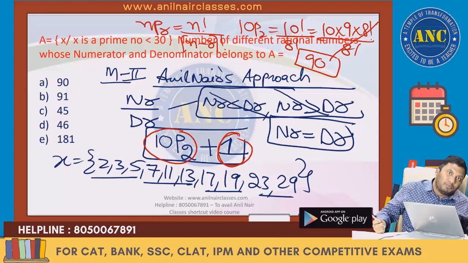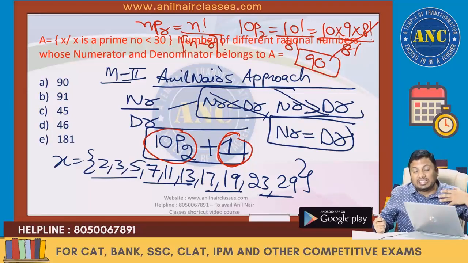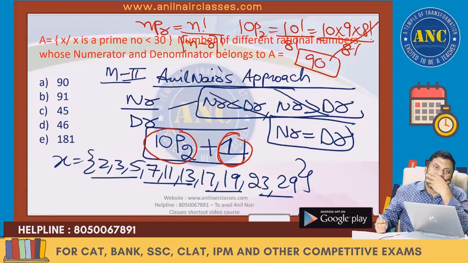I will do one more question. Then you compare this question with the next question. It is a self-understanding for you. 10P2 plus 1. In your notes, please write down: if conditions are imposed in the problem, use combinations.